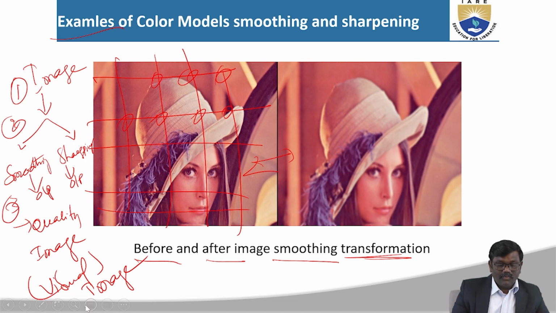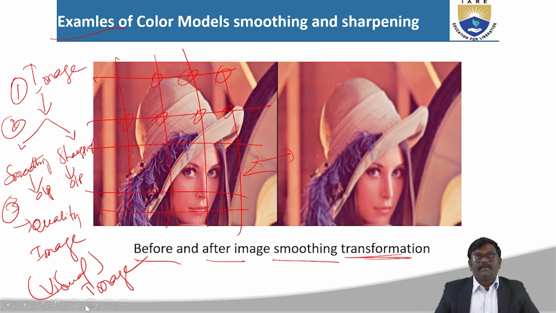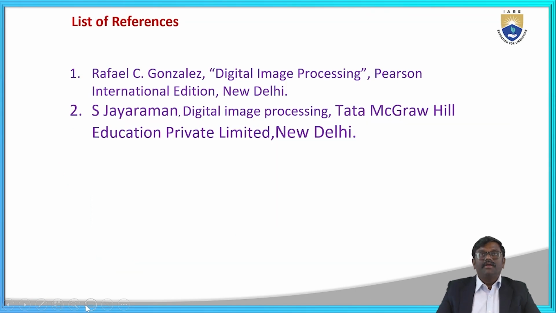Understand? That is what we can remember with this example, how we convert the original blurred or noisy image into your required image by applying the smoothing transformation. With this, I am going to close our discussion.